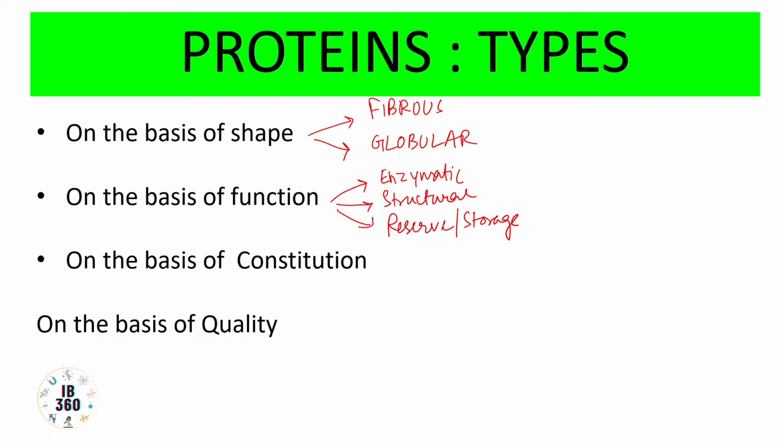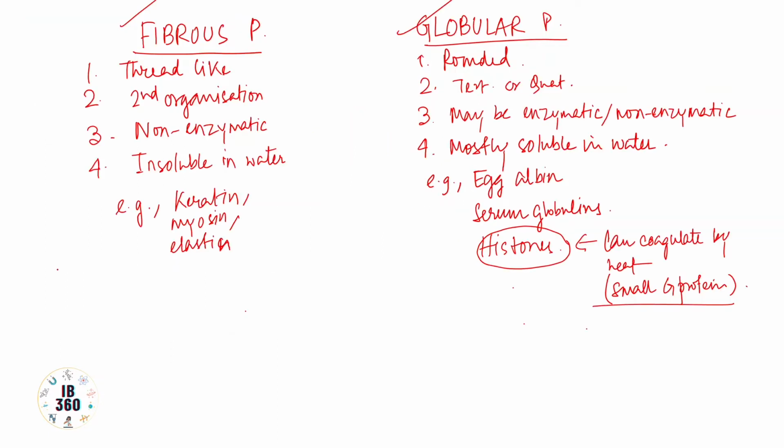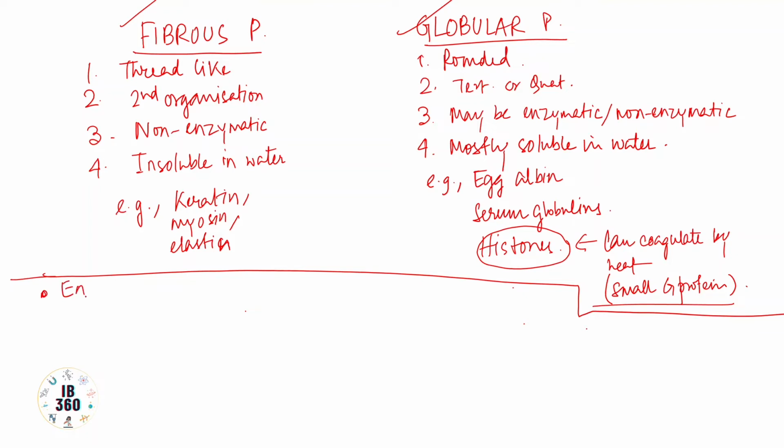Enzymatic proteins can act as enzymes either directly or in conjugation with a non-protein part, which would be called a cofactor. So either they can act as simple enzymes, or they will act as conjugated enzymes.